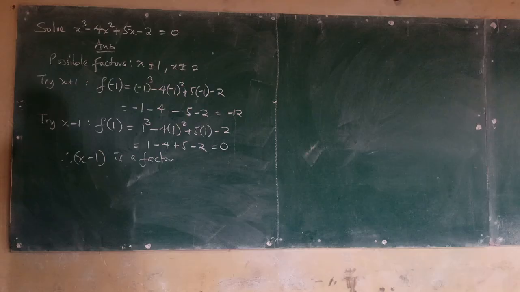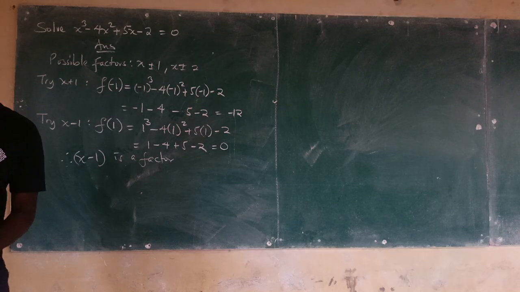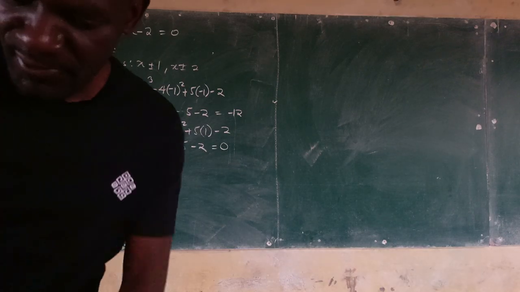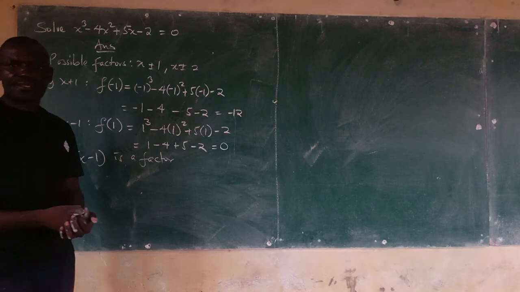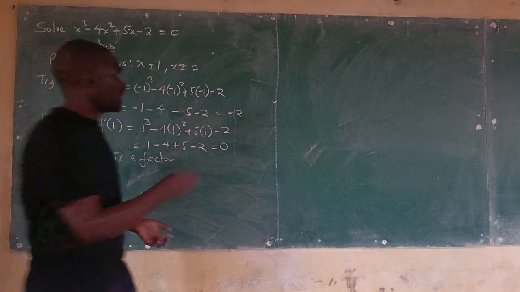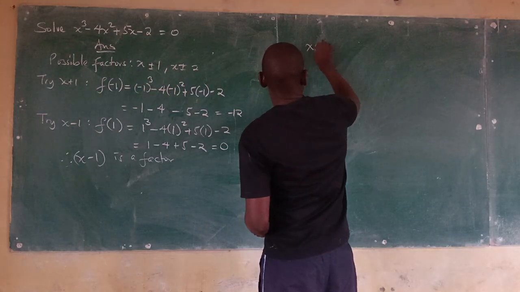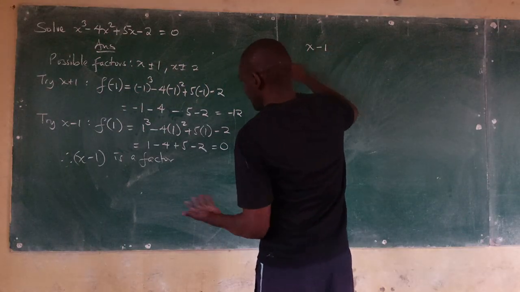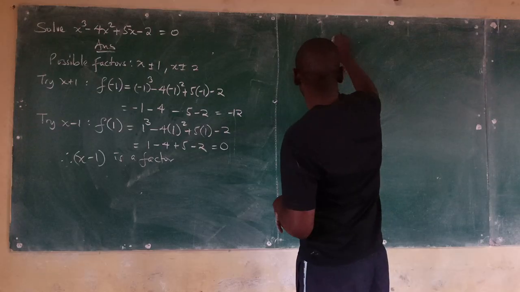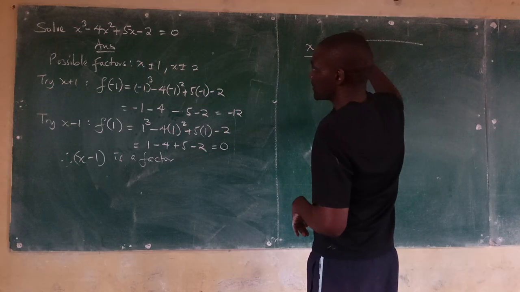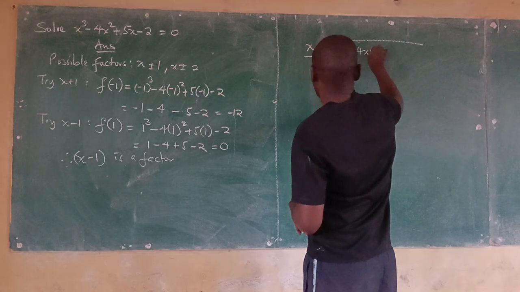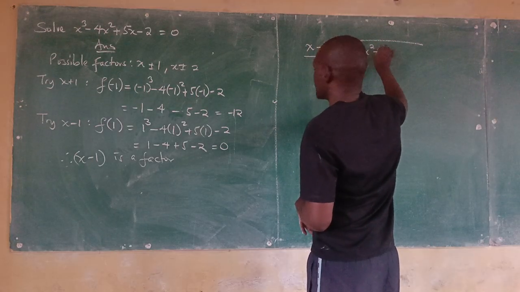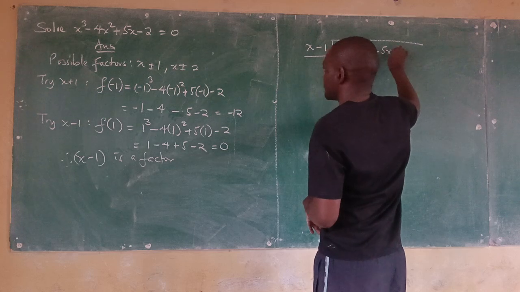After you find this one factor, I'm now going to use a different method. We can use long division. By saying x minus 1 is the one factor we found, we can divide it into the original function, x cubed minus 4x squared plus 5x minus 2.